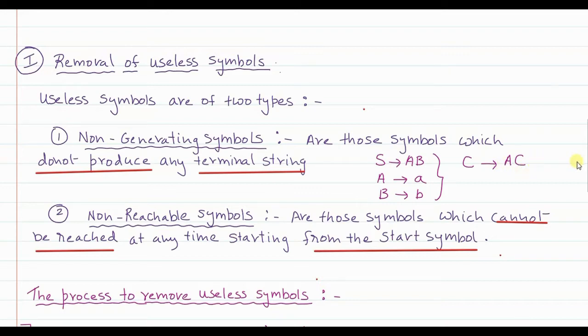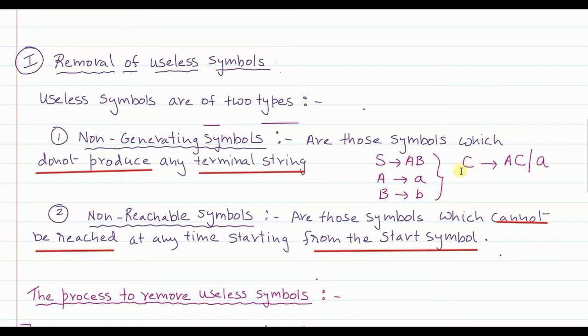Now suppose this production was also having another term, say C gives a. Now I could have said that C is a generating symbol. Why? Because C, no doubt it can replace itself with two non-terminals A and C, but C also can replace itself with a terminal if required. So if there was another term called small a, then I could have said that C is generating.